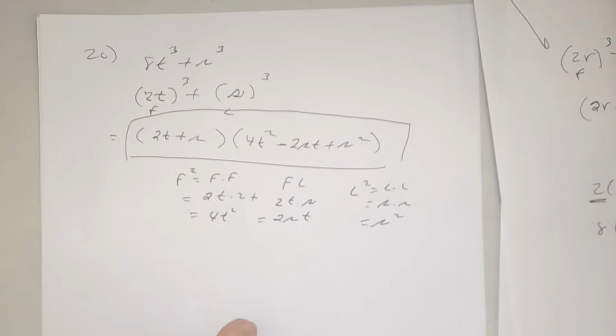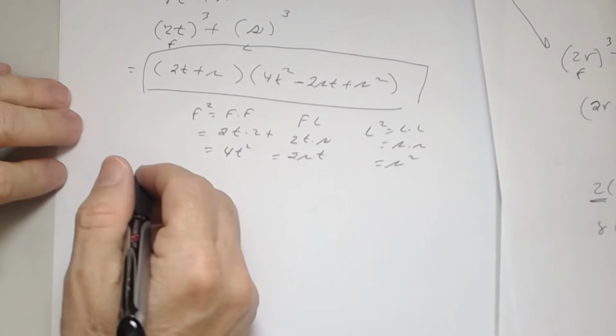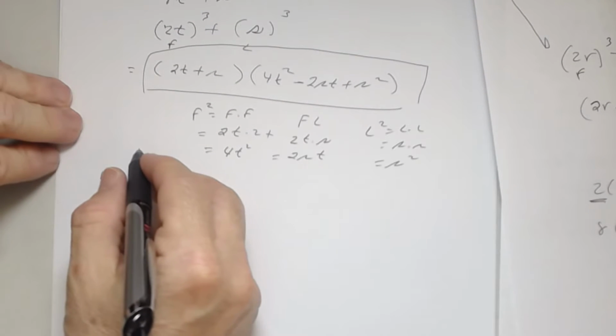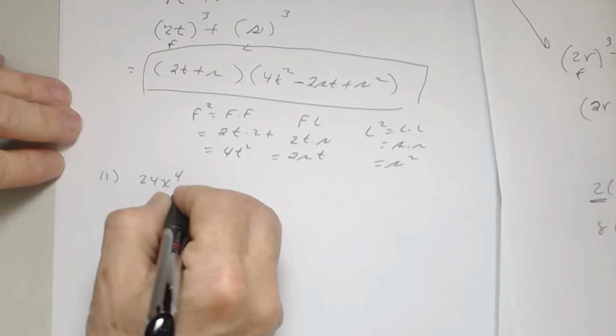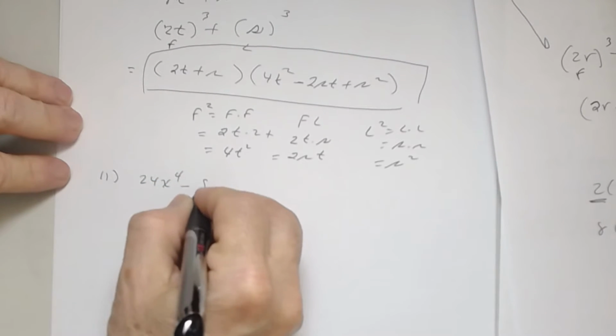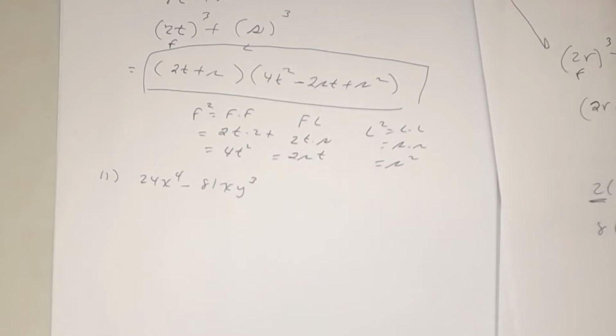Okay, number 11. You have 24x to the fourth minus 81xy cubed.